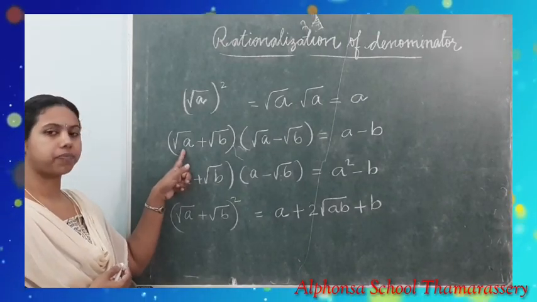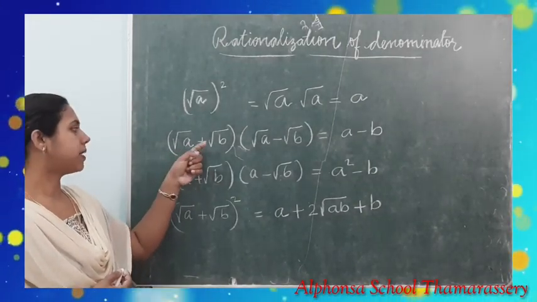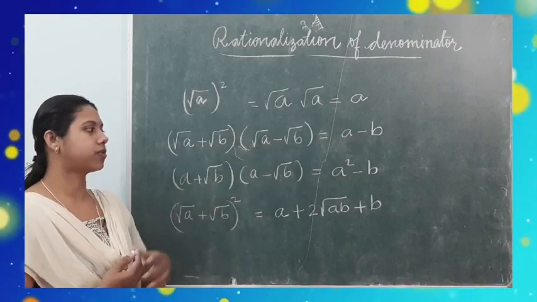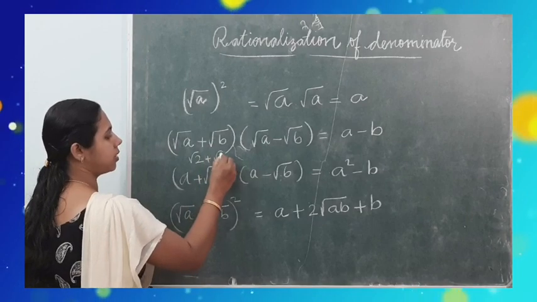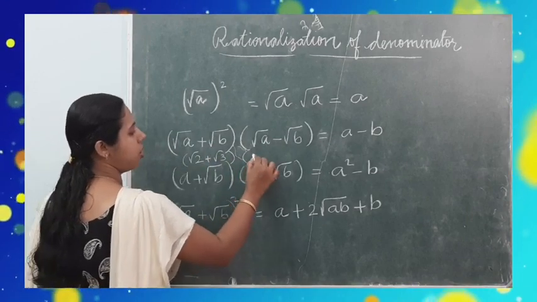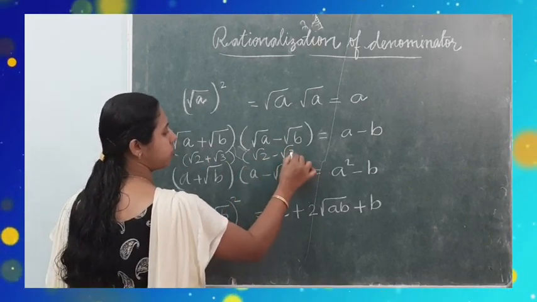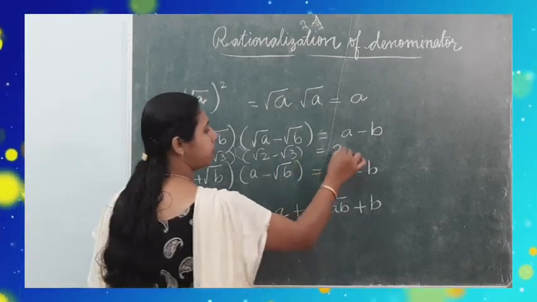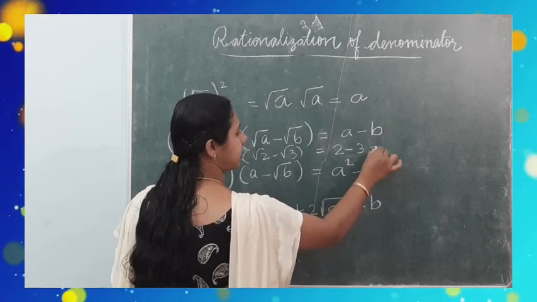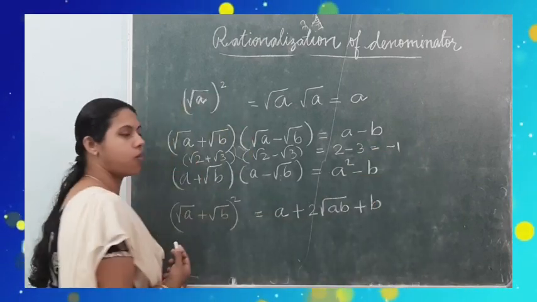So here, root A plus root B into root A minus root B. For example, you can write root 2 plus root 3 into root 2 minus root 3, which is equal to 2 minus 3, that is equal to minus 1.